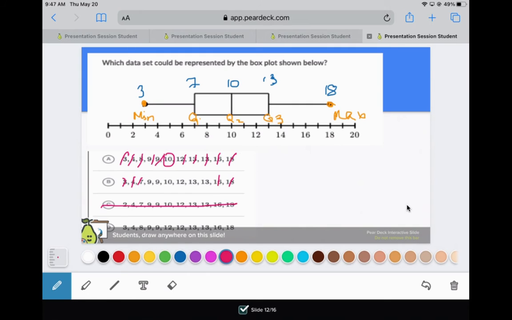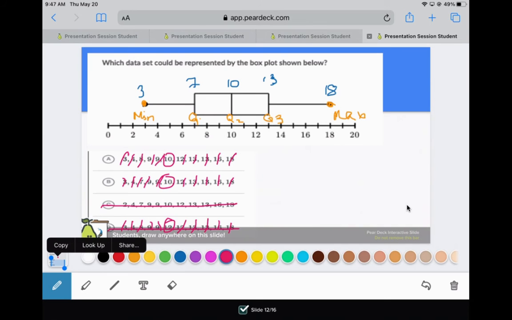I'm just trying to eliminate the choices. Okay, so it's still 10, right? So I don't know. I'm going to try this third one. This one is 12. I don't have 12. So I know D is not one of my choices. So I eliminate C and D. Now I'm down to A and B.